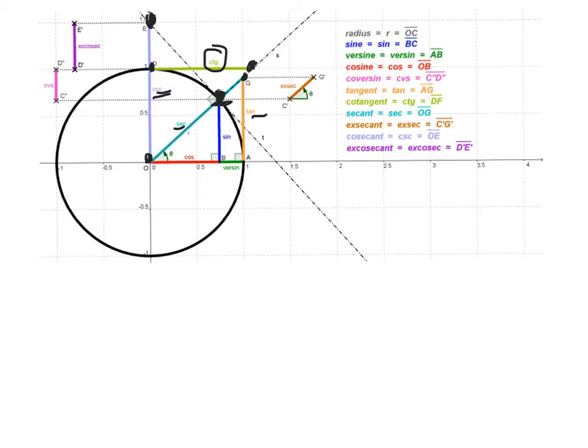From C to E could also be represented as cotangent, and then that would give us our right triangle we dealt with earlier, 1 as the base, and then cotangent as this side, and then cosecant as the hypotenuse. Okay.